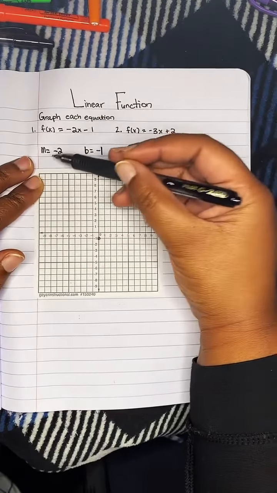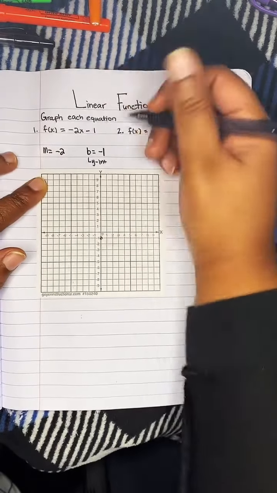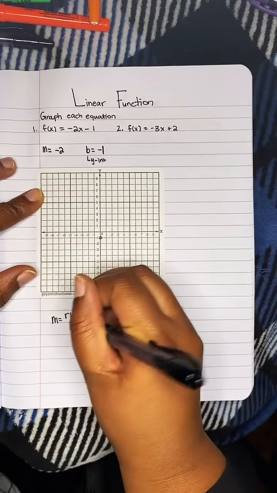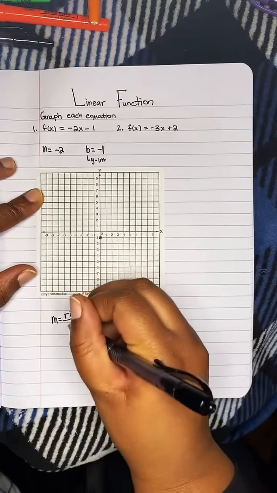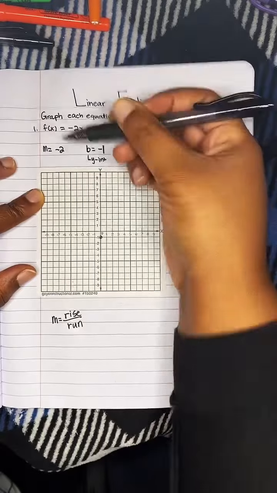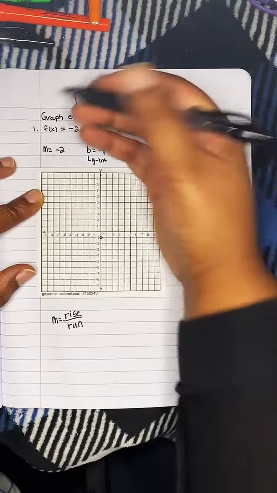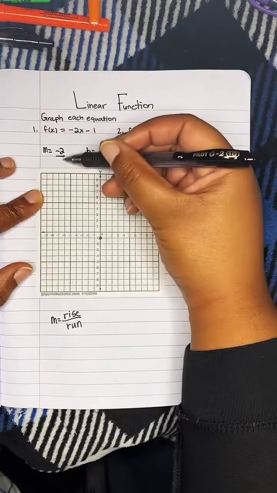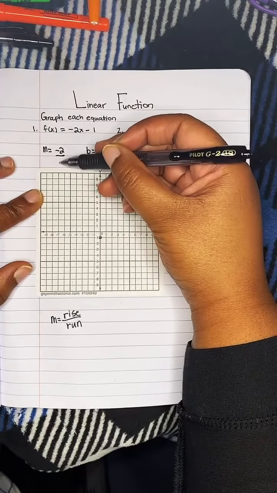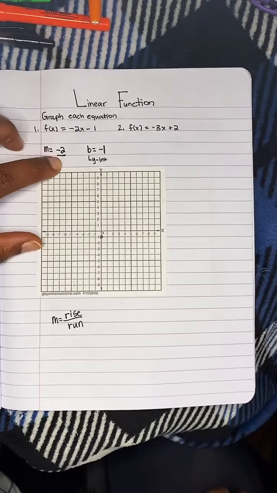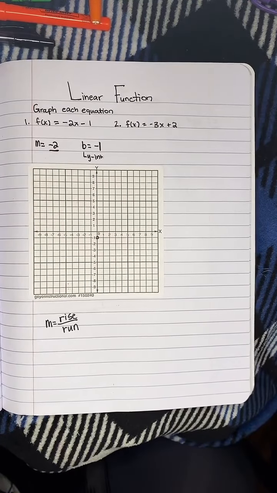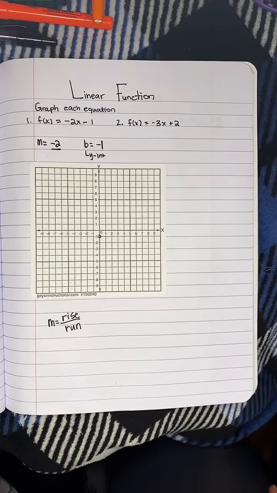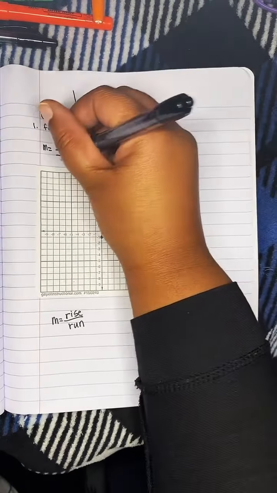Now, remember, M is rise over run. When I'm given a whole number, I always want to make my slope into a fraction. What number can I put underneath that -2? 1, I love it.